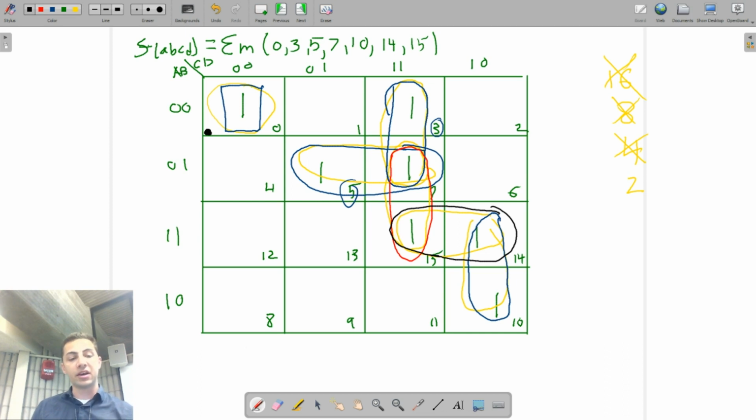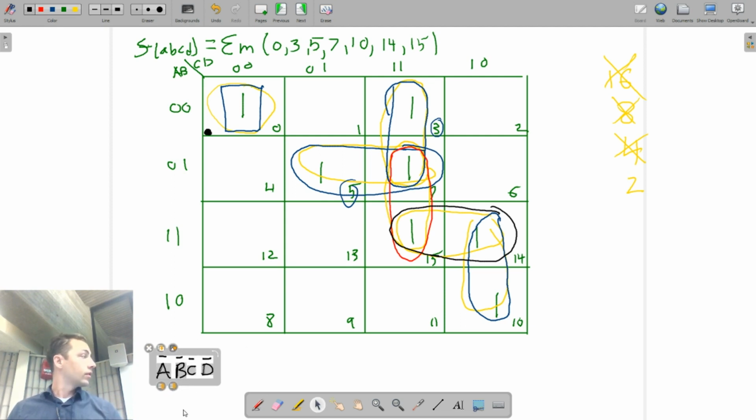So this implicant is A, B, C, D, with each term inverted. A naught and B naught and C naught and D naught. Yes? A has my face over it. Well, thank goodness for movie magic. Okay. So that's our first term.